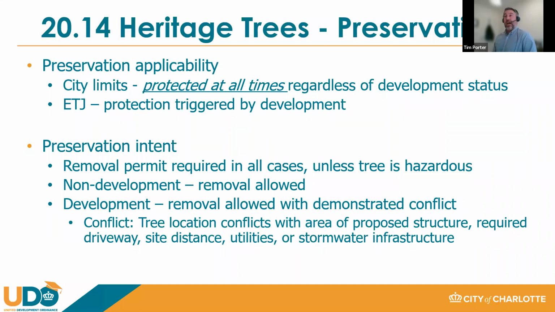Removal generally is allowed for non-development scenarios. In development scenarios, removal is also allowed, but there has to be a demonstrated conflict. We'll talk more about that moving forward, but here's an example of some types of conflicts that would support and justify the removal of a heritage tree during development permitting. It has to be demonstrated on a submitted plan.